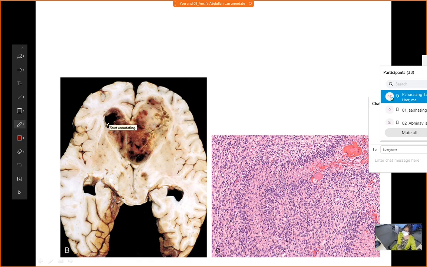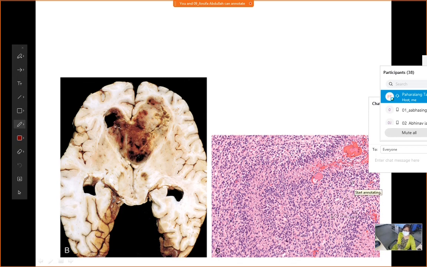So looking at this grossly, you will think of a butterfly glioma. So it is a high-grade glioma, and when you look at it microscopically, again you can see it's highly cellular, anaplastic. This pinkish area here is the necrotic area, and these bluish things look like pseudopalisading, and there is hemorrhage, necrosis, increased cellularity, anaplasia. So what do you think this tumor is?